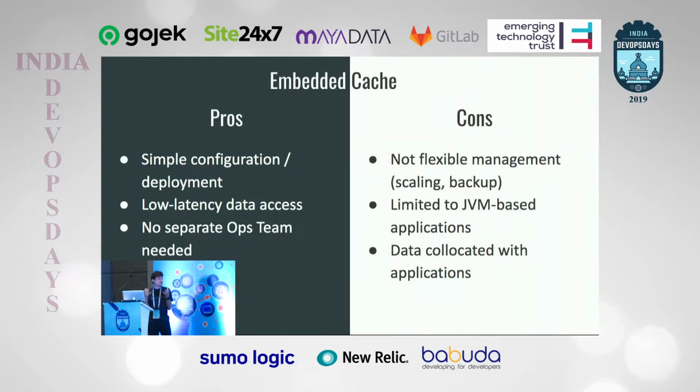So you couldn't do anything better actually. And you don't need an ops team, there is no ops effort to maintain this cache. From the downsides, the management is not flexible because it scales up and down together with your application. It's limited to JVM-based applications, and the data is collocated with the application.